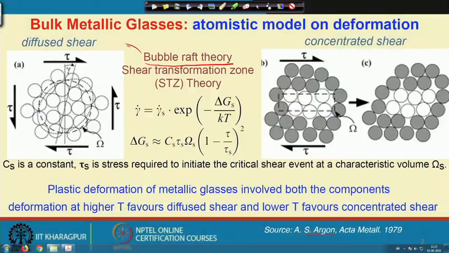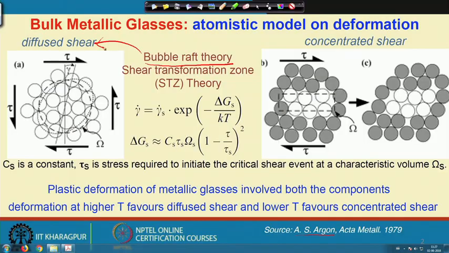One is known as diffuse shear, because an atomic scale cluster must be rearranged by some shearing event. So, this is one part, which is called diffuse shear, and the second one is concentrated shear.